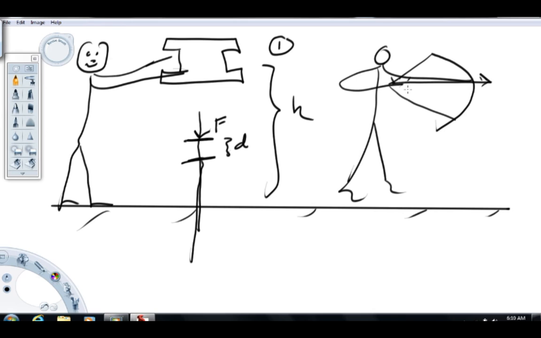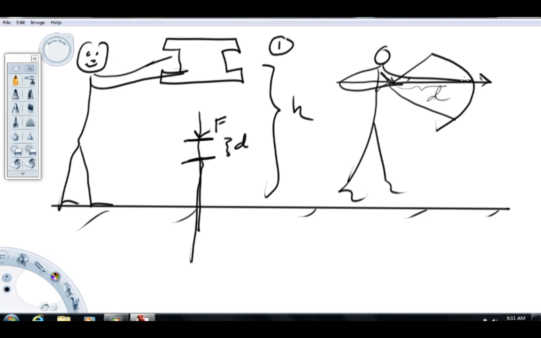When this person releases this system, a force is applied to the arrow in this direction. The arrow starts moving some distance here, and work is being done. So work will be done on the arrow. So this system right here has a potential energy based on the position of the string and the bow. So those are two pretty common examples of potential energy. There's more that I'll talk about in other videos, but for now, that's enough on potential energy.